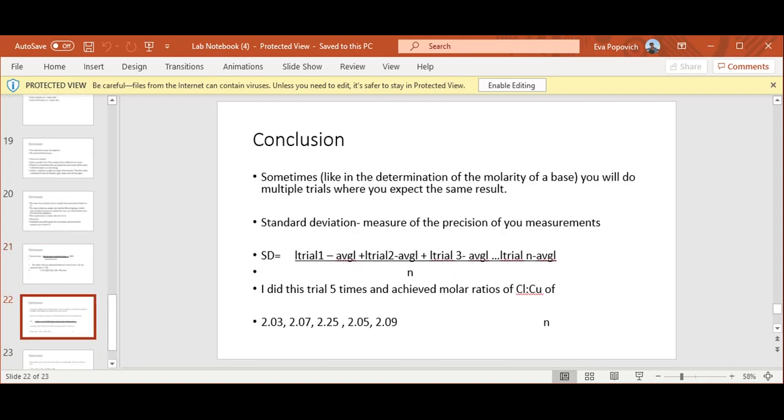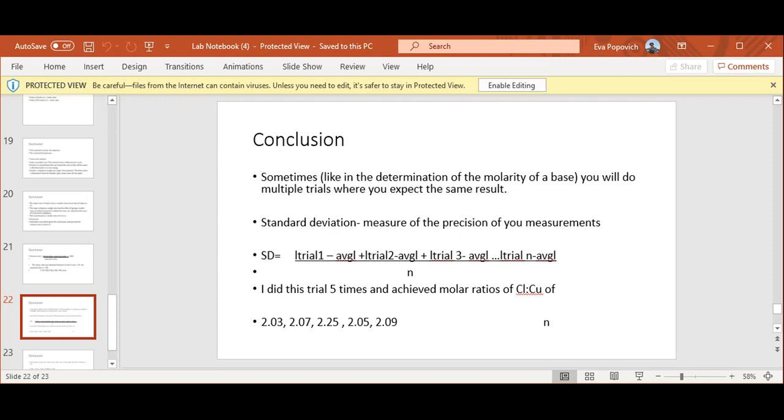I've already intimated that sometimes, especially, I know for a fact it's done in the molarity of a base, you're going to do multiple trials where you expect the same result. If you're testing to determine how concentrated the base is, and you haven't either added or taken any of the water away from it, then you expect the concentration to remain the same.